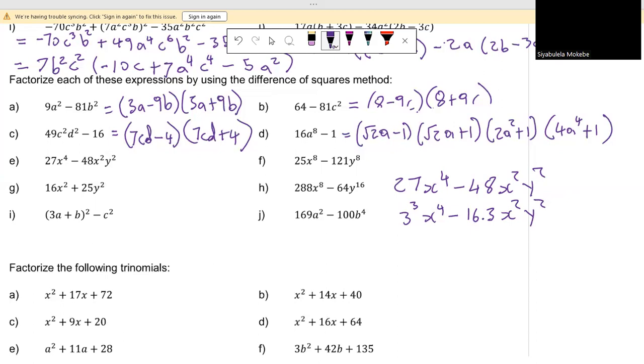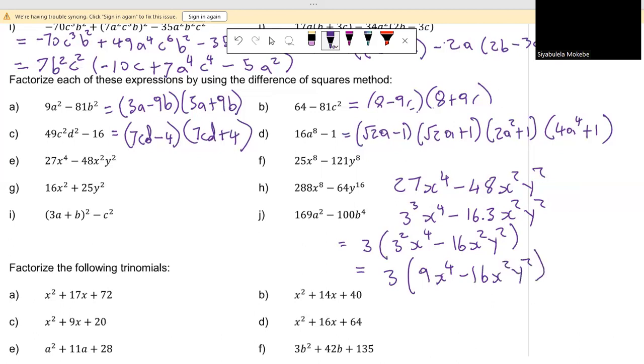If I take out 3, I'm left with 3 squared x to the 4 minus 16x squared y squared, right? And then this is 3 times 9x to the 4 minus 16x squared y squared.